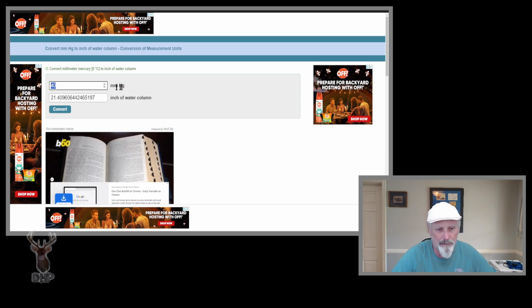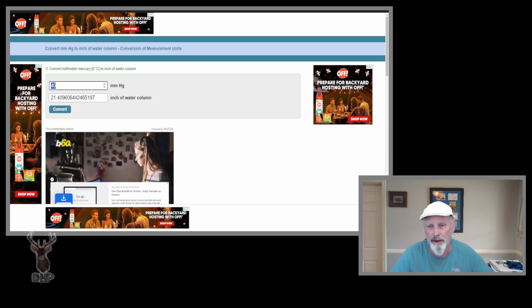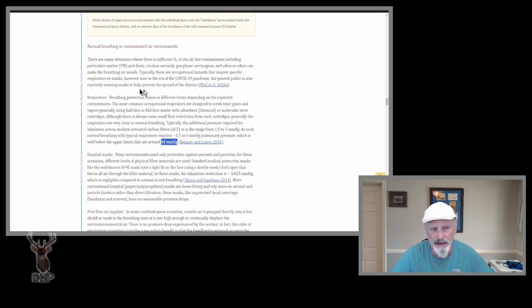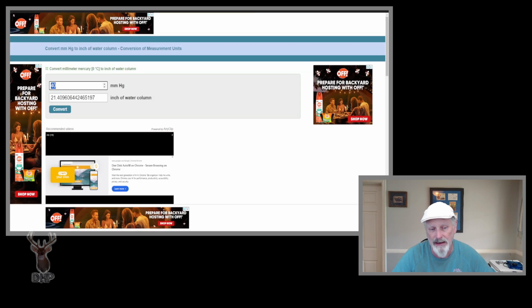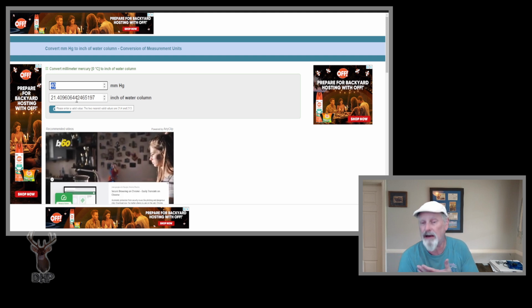If 40 millimeters of mercury are the upper limit of the lungs, as we're seeing here from this NIH article, according to Bellamy and Lungu in 2016, then 40 millimeters of mercury is equal to a little less than 2 feet of water, which means if you had a 2-foot piece of pipe, you could blow into a pool and force air to bubble out.